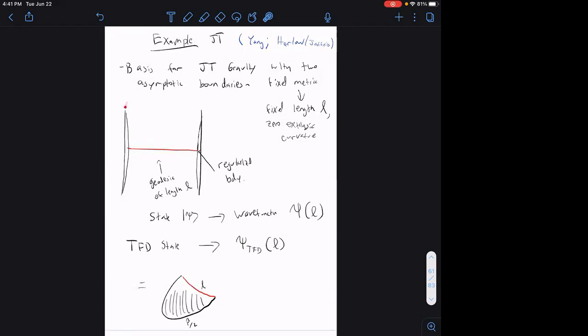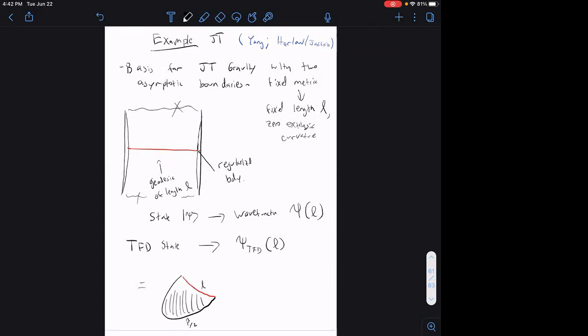Here I've drawn the Penrose diagram for the two-sided black hole in two-dimensional AdS gravity. And I haven't drawn a singularity. Maybe I should draw a singularity, but in JT gravity there's not really a singularity because the metric is constant negative curvature. But just to make things more familiar, I'll draw a fake singularity.